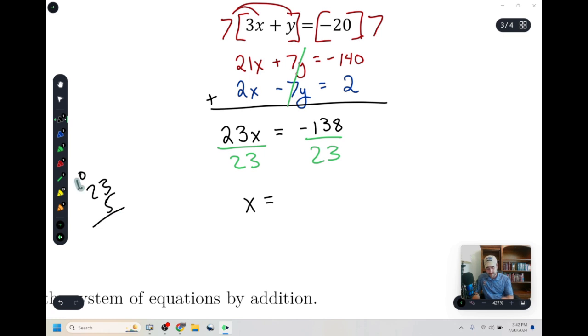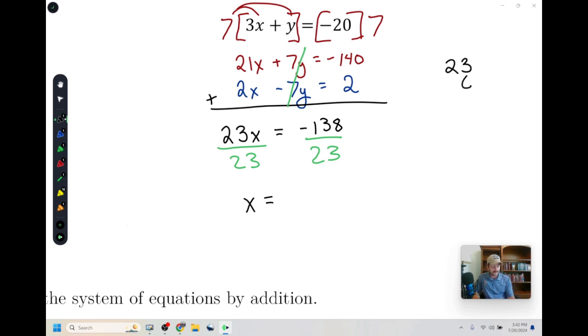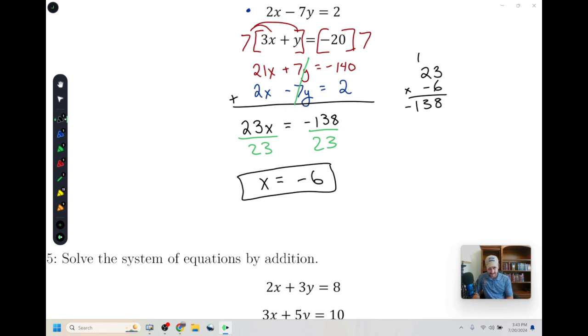No. Maybe 6? 6 times 3 is 18. That's 12, 13, 1, 3. Hey, there it is. Okay, so 138 divided by 23. Since we don't have a calculator, sometimes you got to do it the old-fashioned way. 23 times negative 6 is negative 138. x equals negative 6.